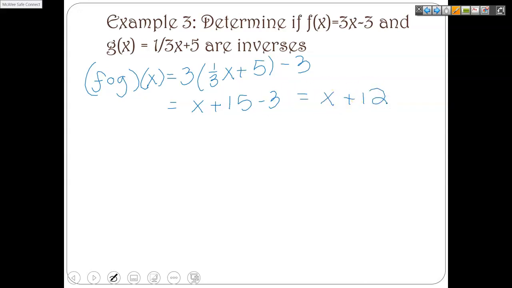Is x plus 12 equal to x? No. Therefore, not inverses. Like you're done. You don't have to do g of f because f of g failed.